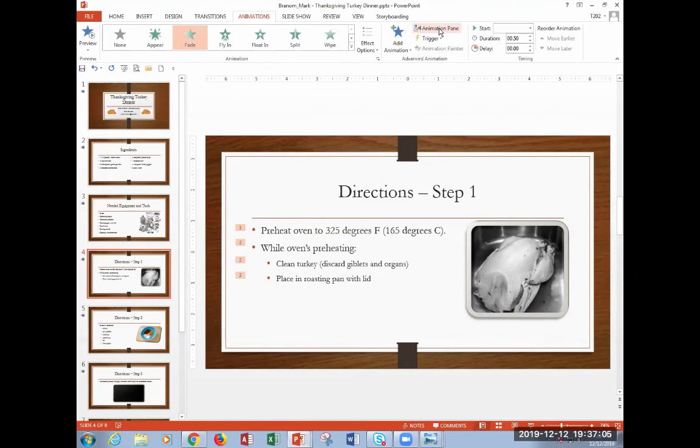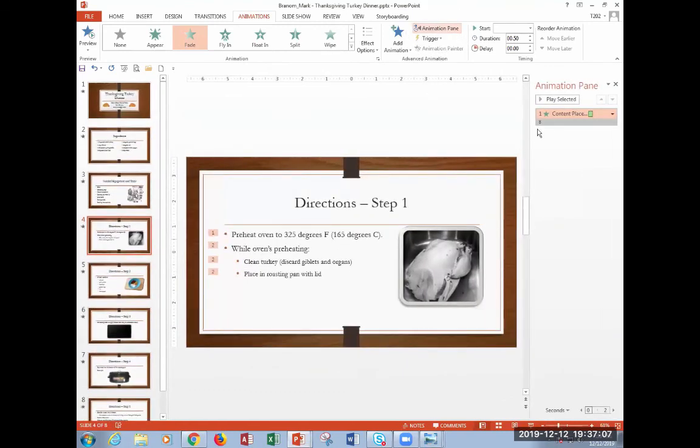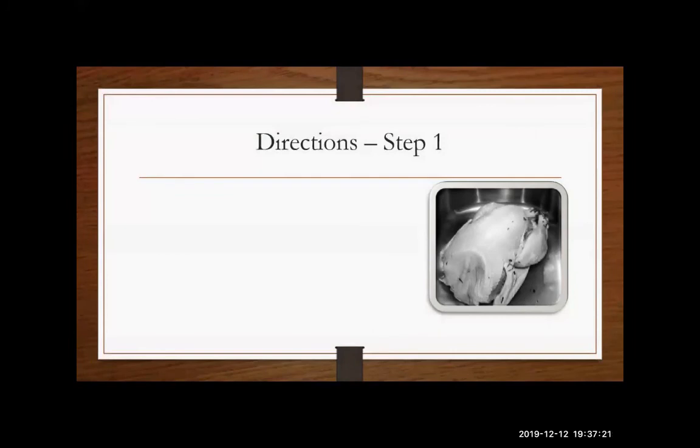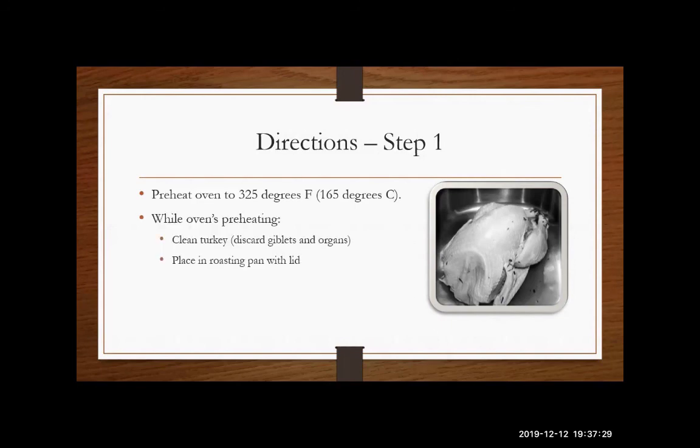And when I open up the animation pane, I can then tell it that on clean turkey, I want clean turkey to start on click. So that now what it will do is it will do this slide like this, and then this, and then this, and then this.